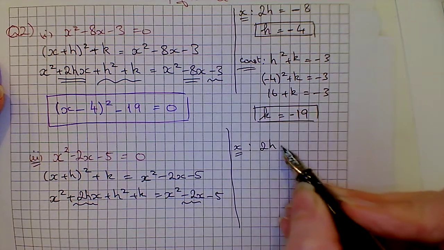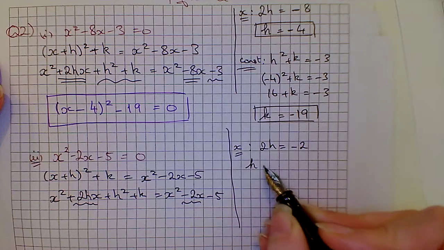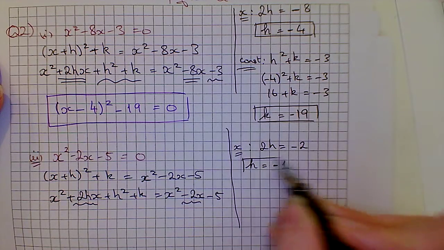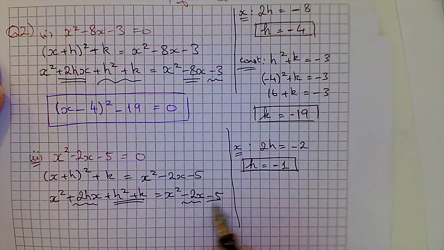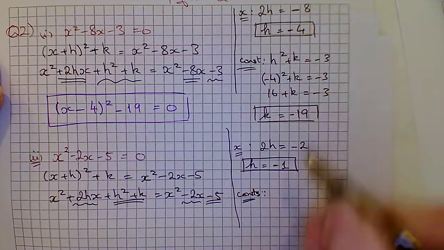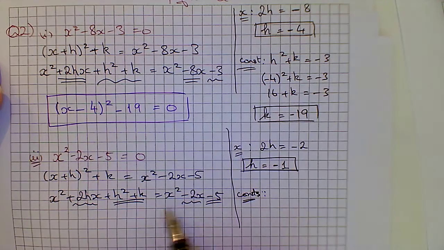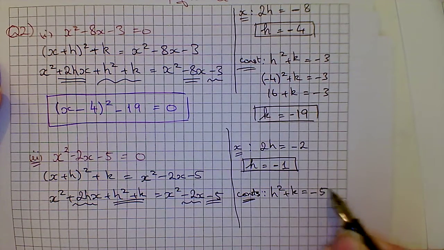That 2h is equal to the coefficient of x on this side, minus 2, so h is minus 1. Then I do my constant, and the constant term, it's always going to be h squared plus k. h squared plus k is equal to minus 5.